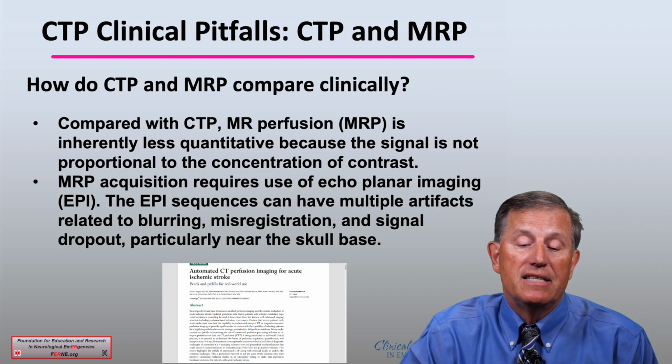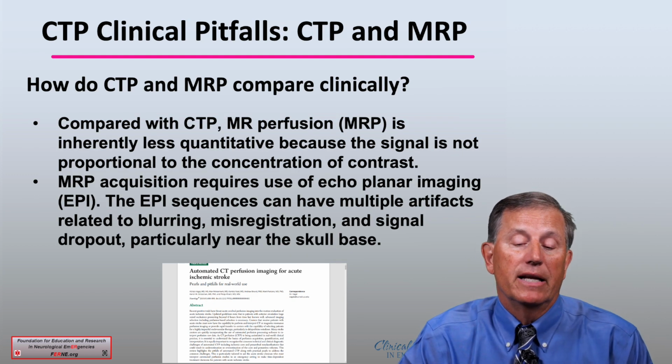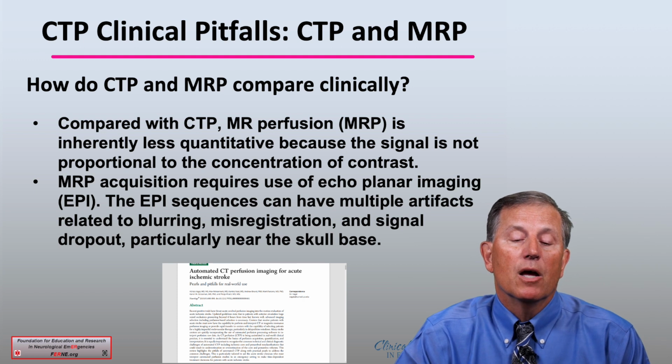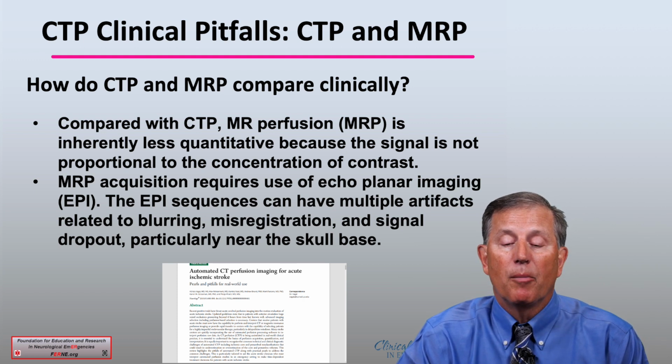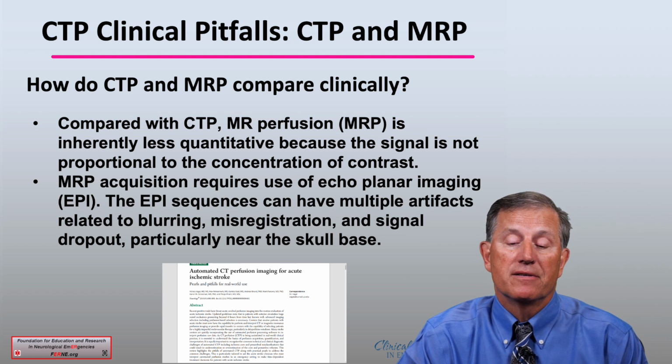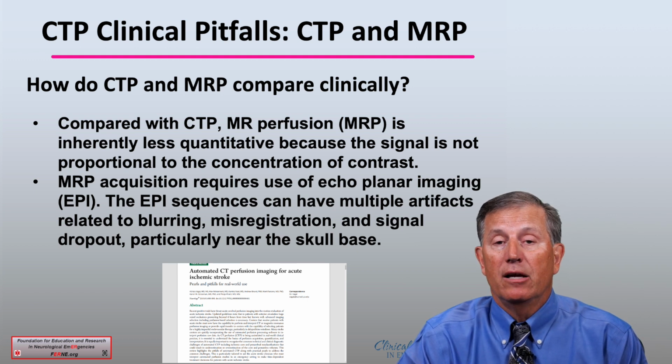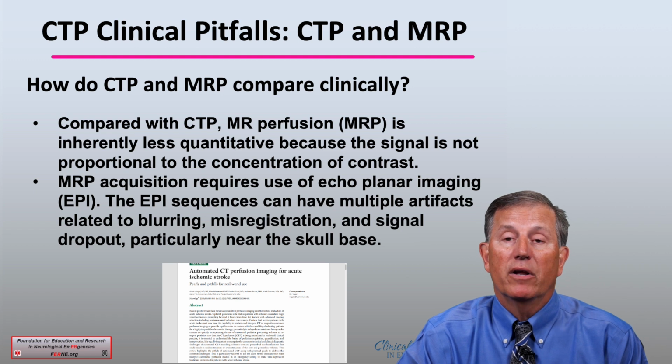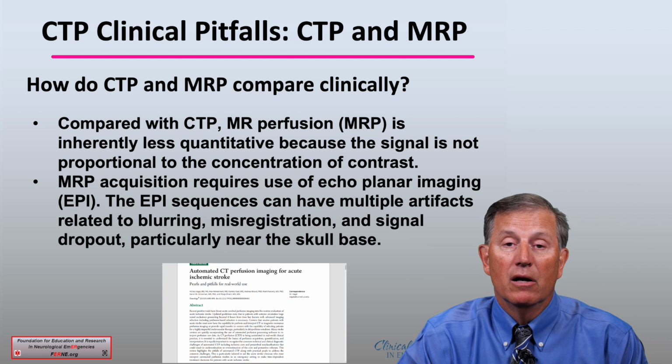So how do CTP and MRP compare clinically? Compared with CTP, MR perfusion is inherently less quantitative because the signal is not proportional to the concentration of contrast. In other words, there's no gadolinium contrast bolus that would allow you to come up with a numeric quantitation of the size of these infarcts and ischemic penumbra areas.